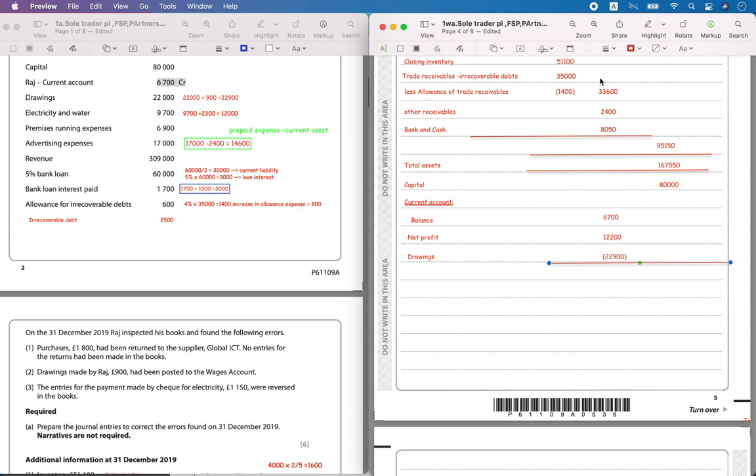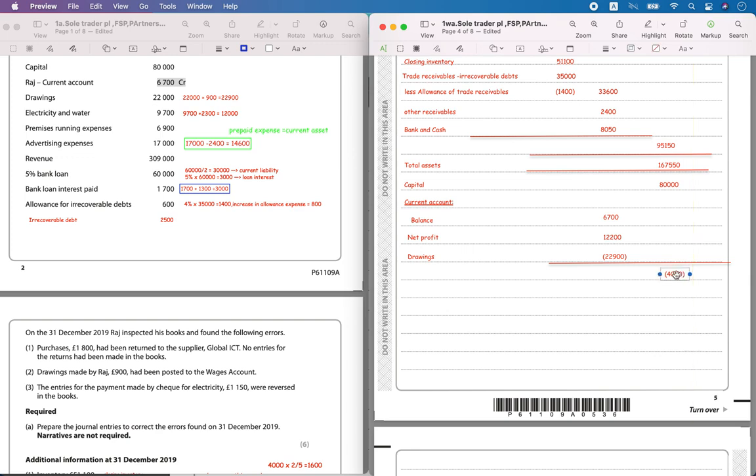So the current account balance became a debit balance. That's why it's showing 4,000 negative. So 6,700 plus 12,200 minus 22,900. So it has become a negative balance.